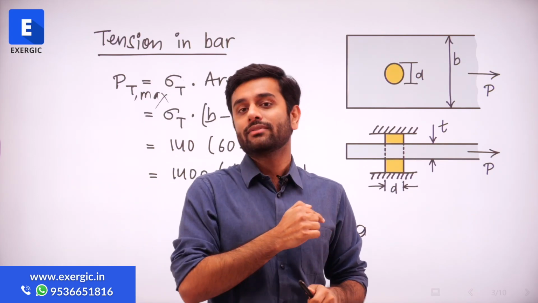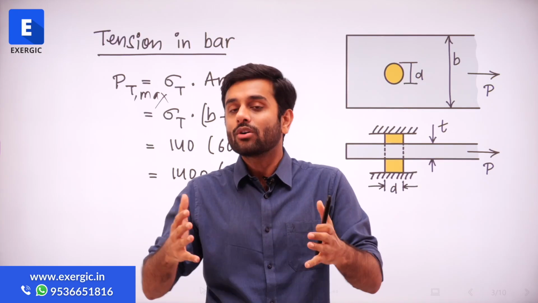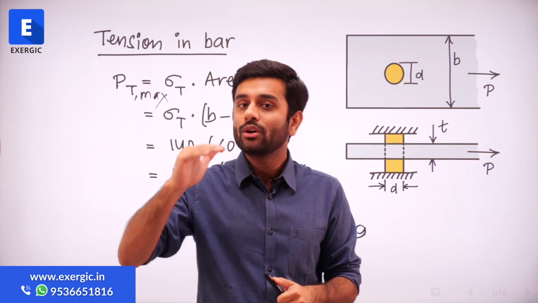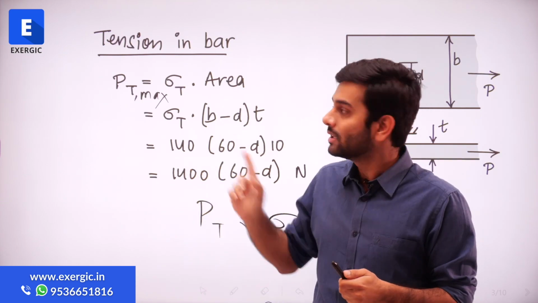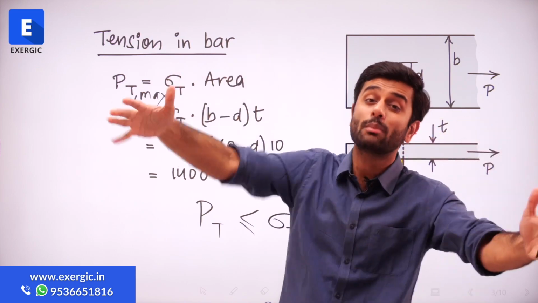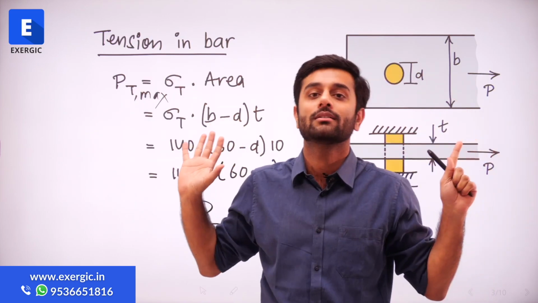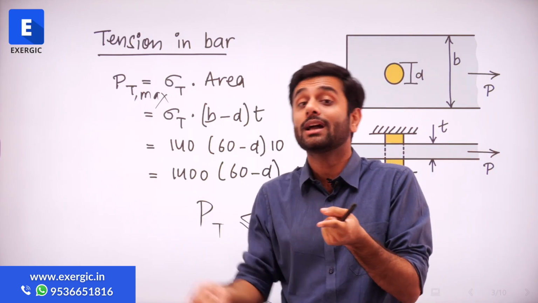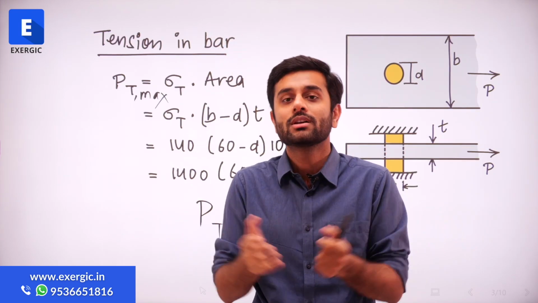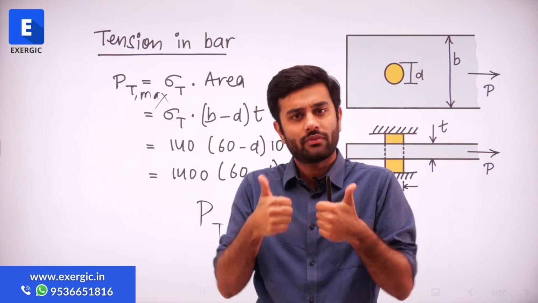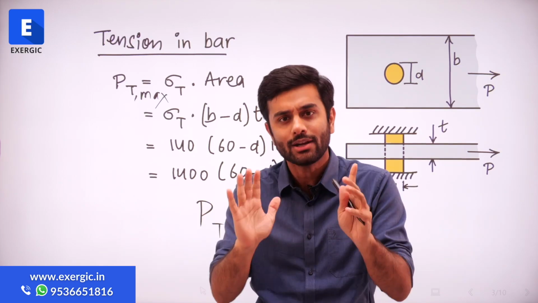So in the graph, we know, or by the concept also, we know that the value of PT can be less than sigma T multiplied by area also. This is just telling you the maximum allowable force that it can bear, right? It does not mean that PT has to be always equal to PT max. You can apply a smaller force. Perfectly okay. It will remain safe, right or not?